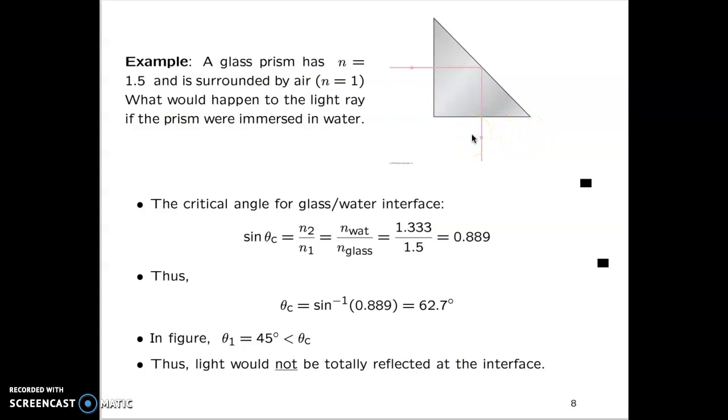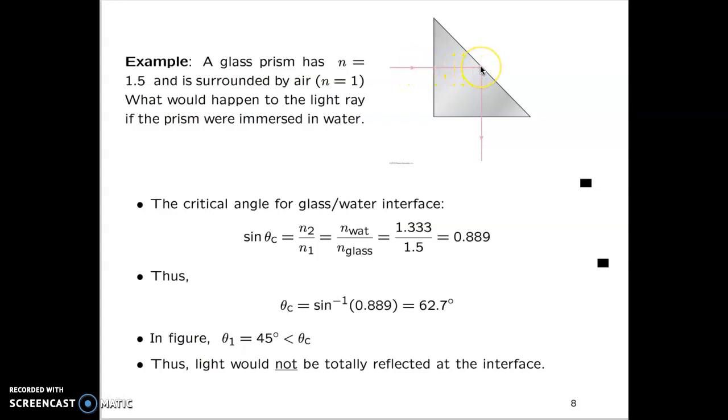The first thing to note is, forget about the first interface, the light is coming in perpendicular to this interface. Snell's law will tell you that it will keep going in the same direction. You might want to prove that to yourself, but it turns out to be the case.